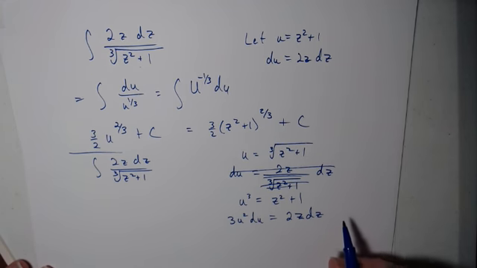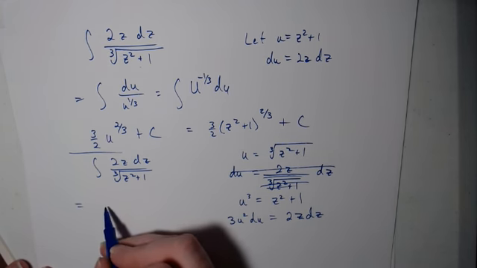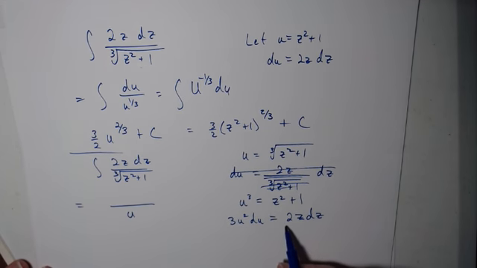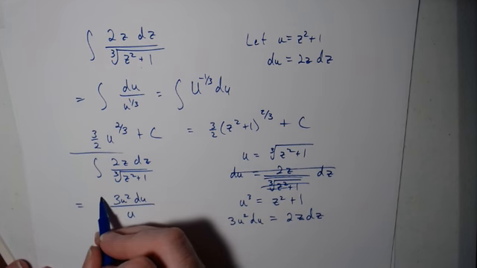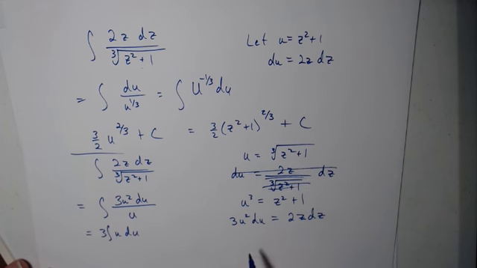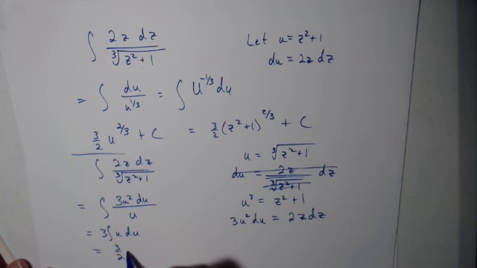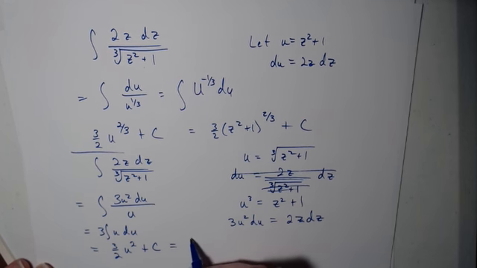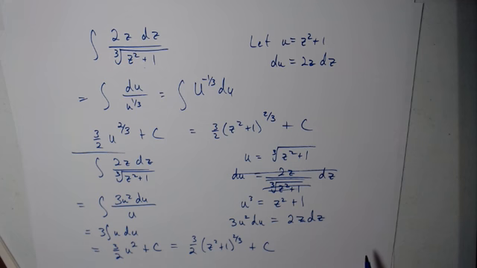So I can replace the denominator with u and the numerator with 3u squared du, which is just the antiderivative of 3u du, which is 3/2 u squared plus c, which is 3/2 z squared plus 1 to the 2/3 plus c.